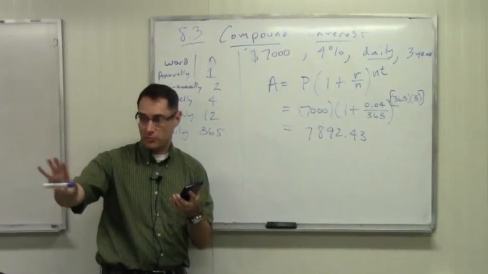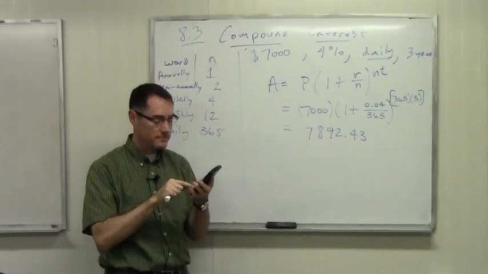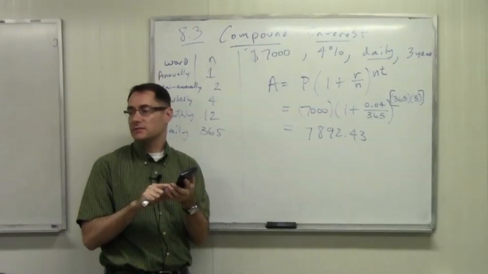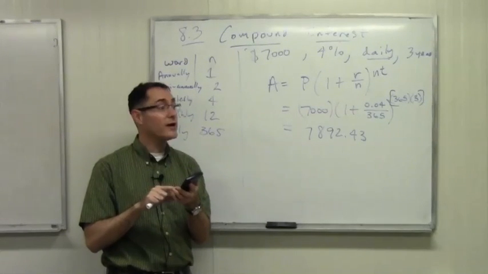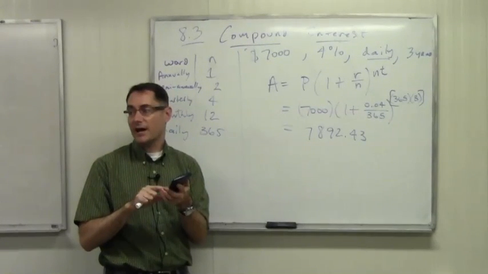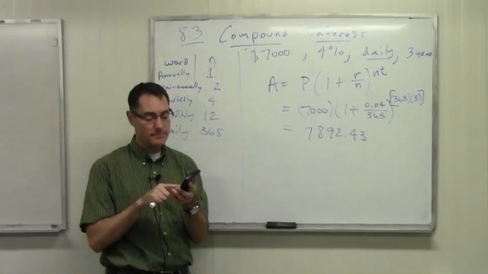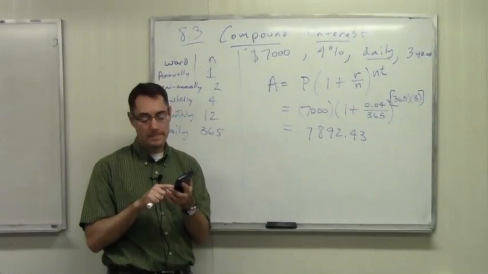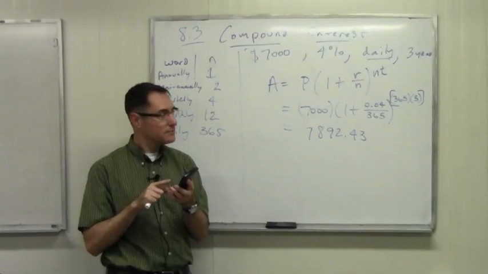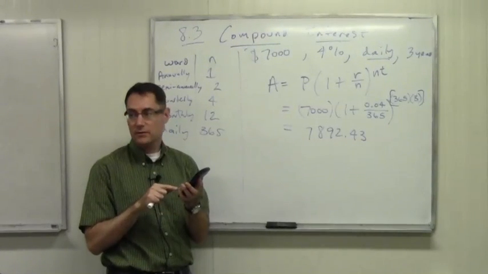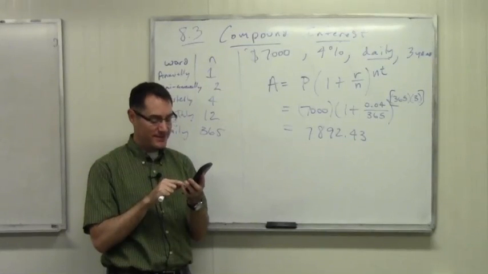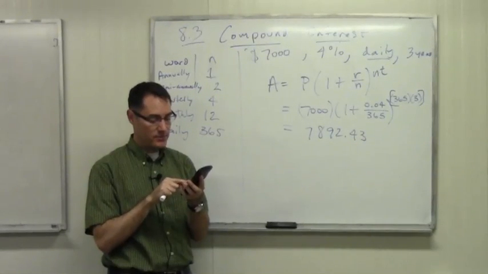OK, let's try it again. Just bear with me. Ready? 7,000 times. I thought it was parentheses. It is, but that means times. Okay, parentheses. 1 plus 0.04, divide that by 365.